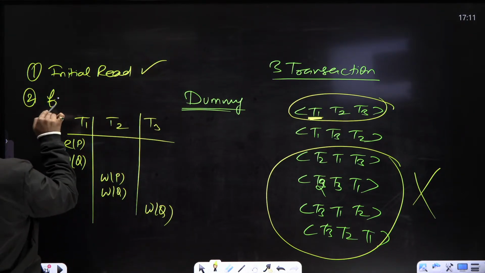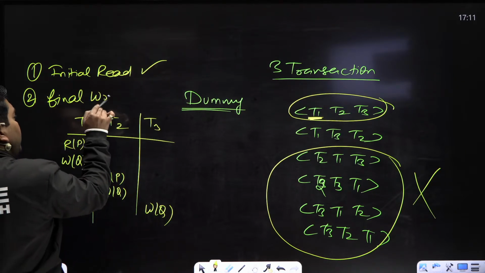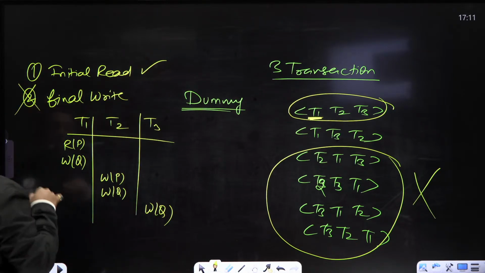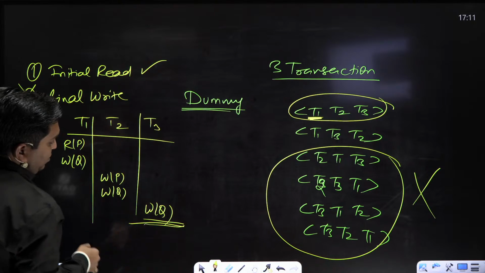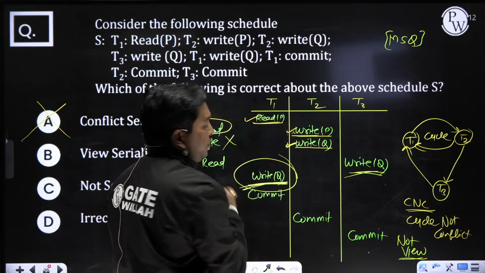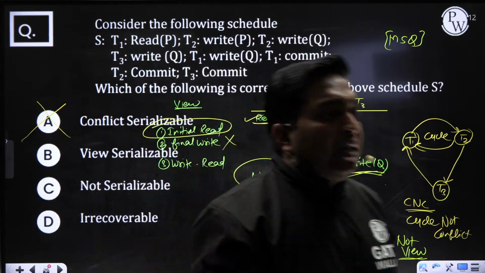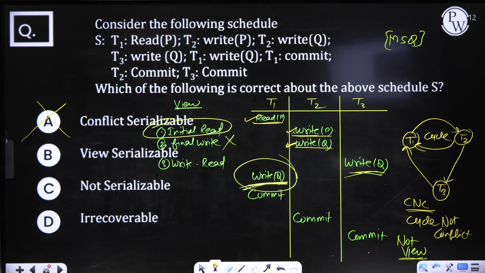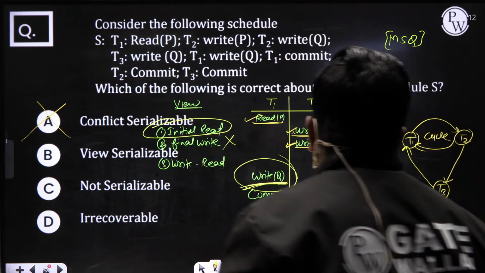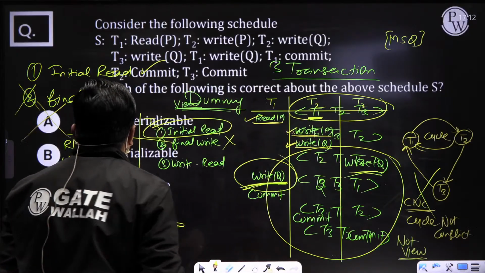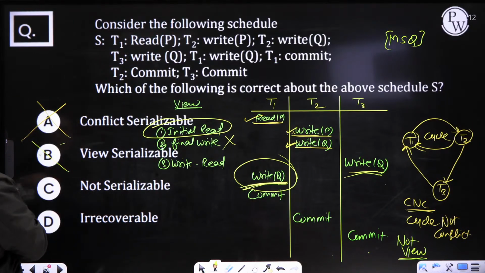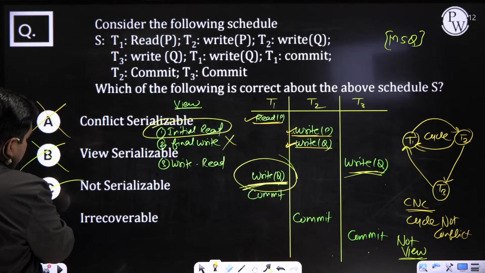But whenever we are talking about final write, it fails, beta, because the final write is here in this one and here T1. Clear everyone? Sir, T3 can perform before T1. Yes. So neither conflict nor view, not serializable.